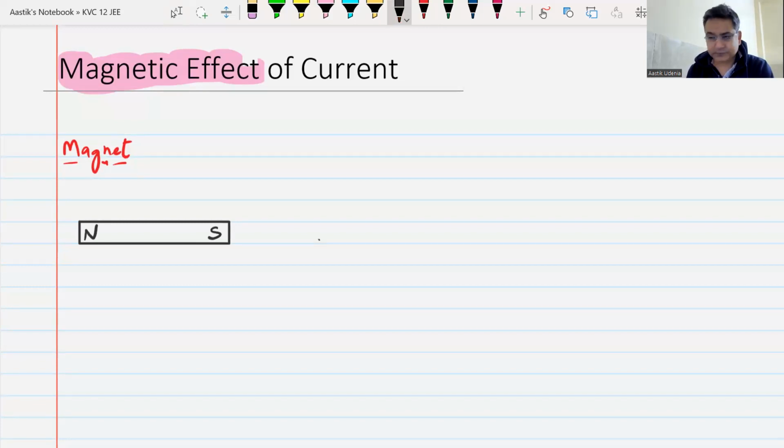Every magnet has two poles. One pole is known as the north pole and one pole is known as the south pole. Sometimes we can refer to the north pole as positive and the south pole as negative.